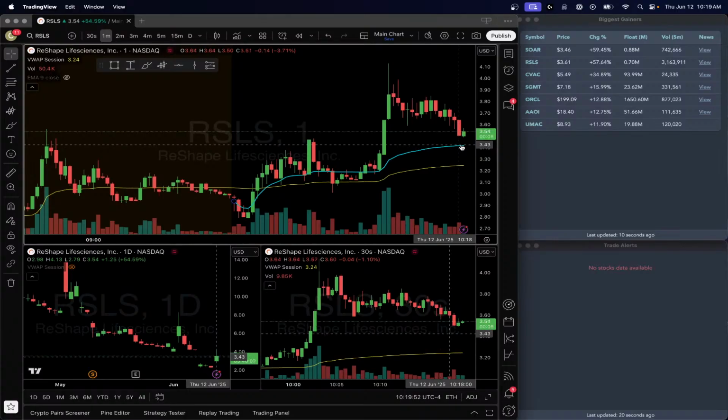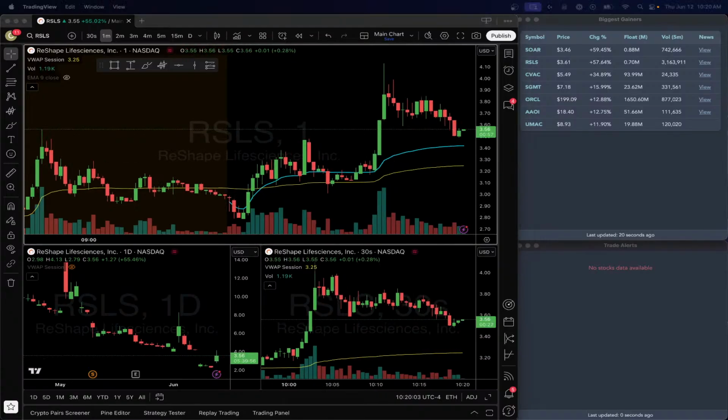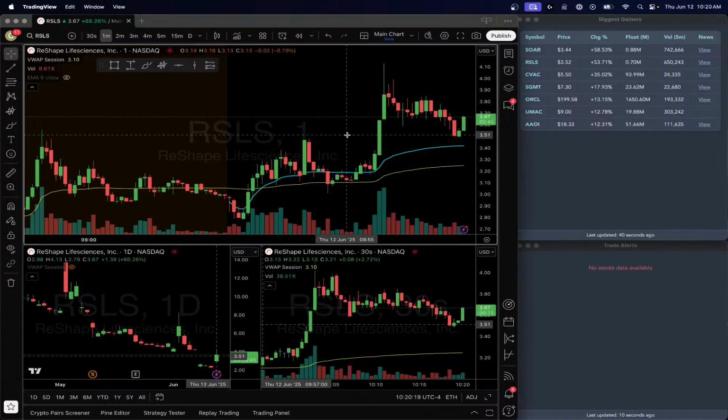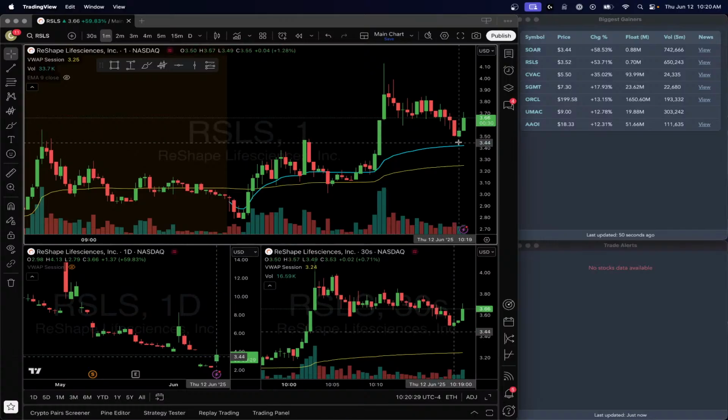Stocks like to trade around their VWAP. And you could have played that bounce off the VWAP if you wanted. I just didn't.